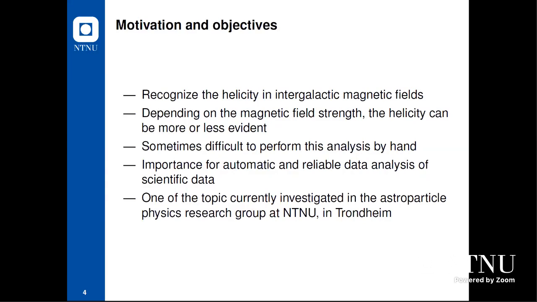But for large quantities of data, especially when the situation is not very well defined, it is also important to have an automatic and reliable tool for data analysis, which is much faster than a person that tries to say if the helicity is positive, negative, or zero.